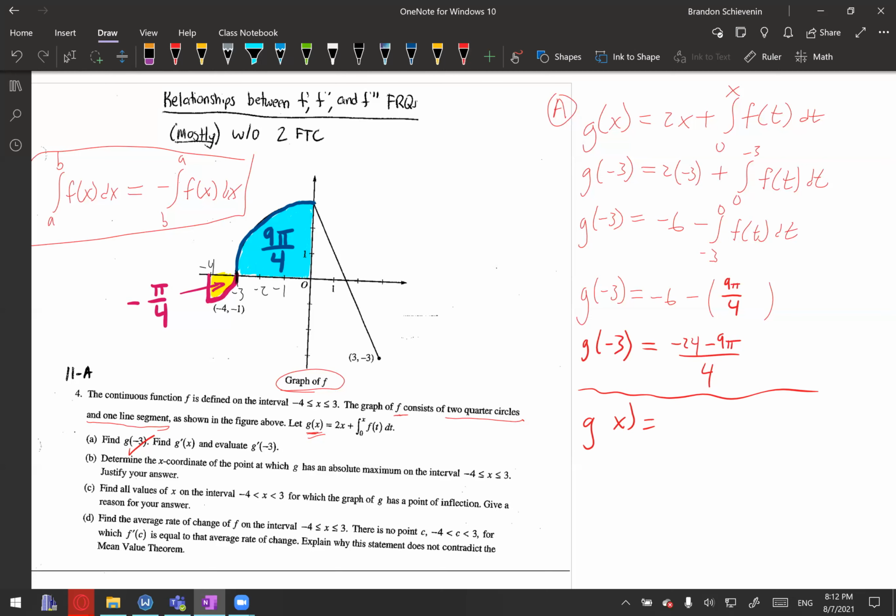I'm gonna rewrite our original up here first, just to keep things clean. So this is 2 plus... not sure.